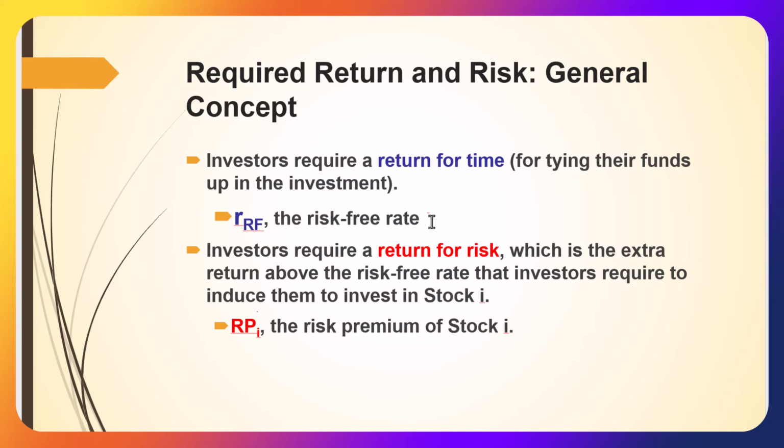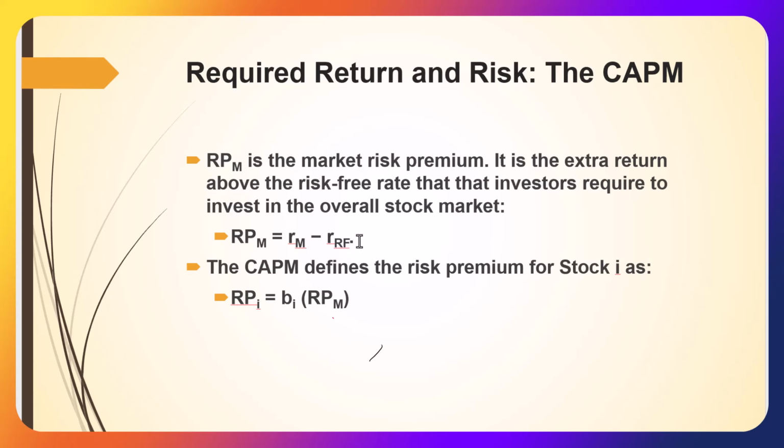So the risk premium, sometimes referred to as the market risk premium, is just the extra rate of return above the risk-free rate that you get for investing in the average stock in the stock market. So the risk premium of the stock market is the return on the market minus the risk-free rate.